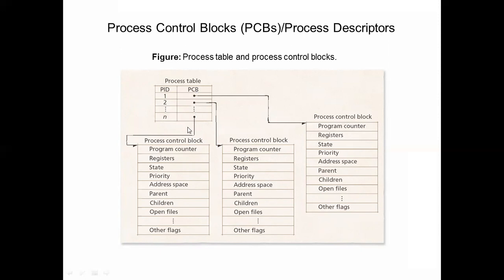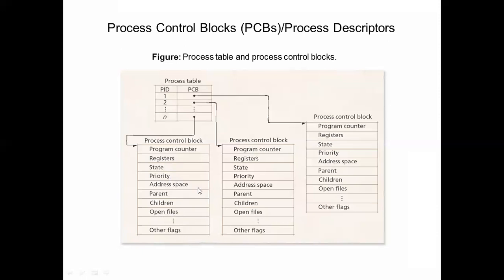This pointer is connected to the process control block, which has the program counter, registers, state, priority. Here you can provide the priority, address space, parent, children, open files, and other flags.